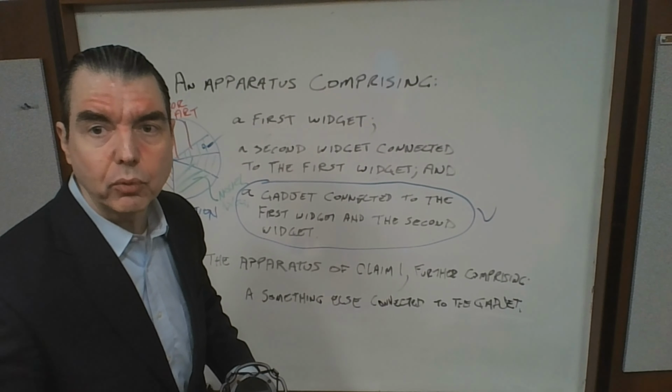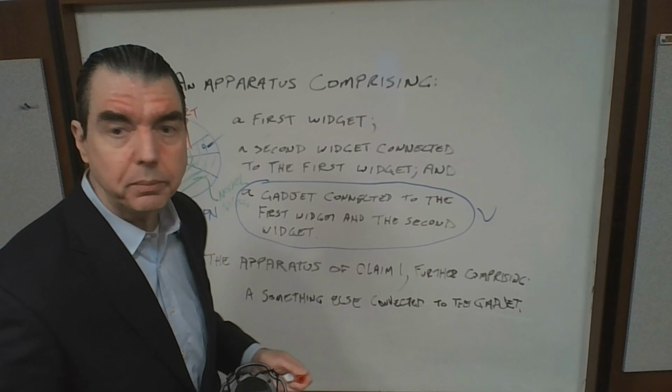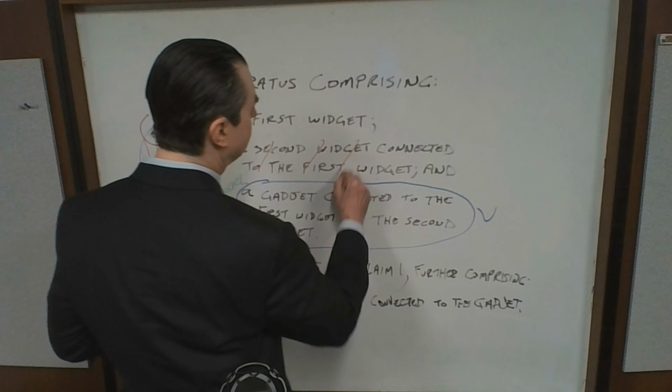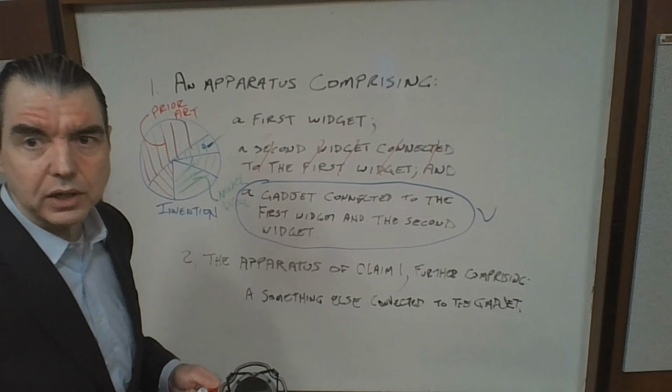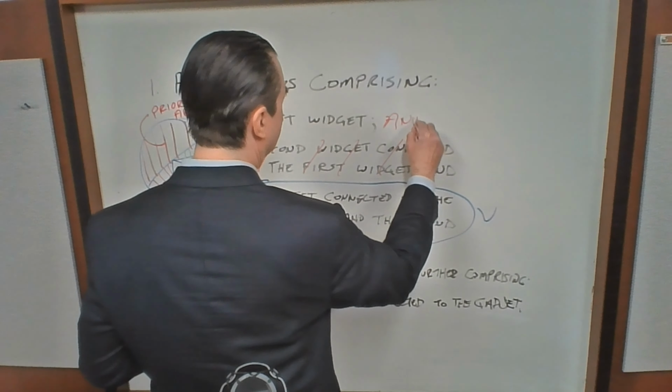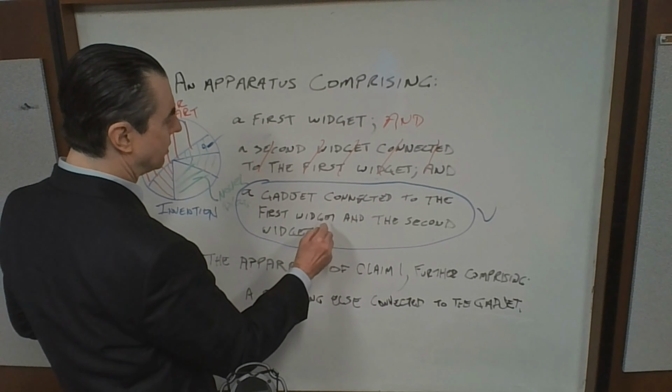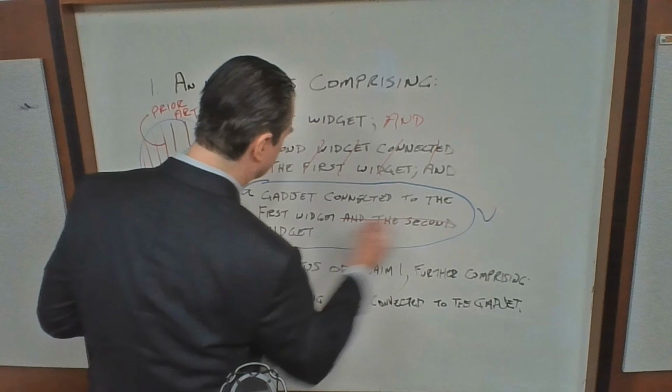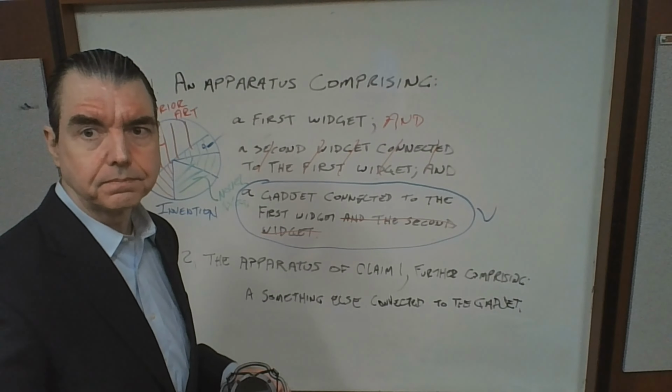An example of what I mean by drafting it more broadly would mean you don't have to include the second widget. In that case, you just say a first widget and a gadget connected to the first widget, and you can get rid of the second widget.